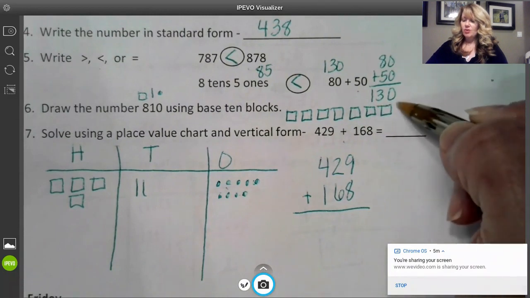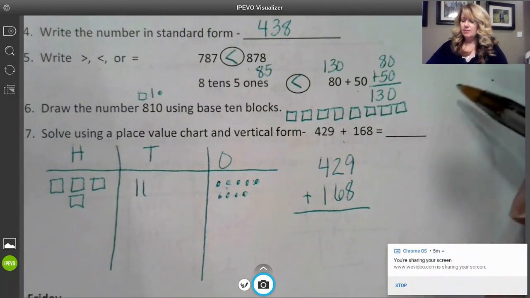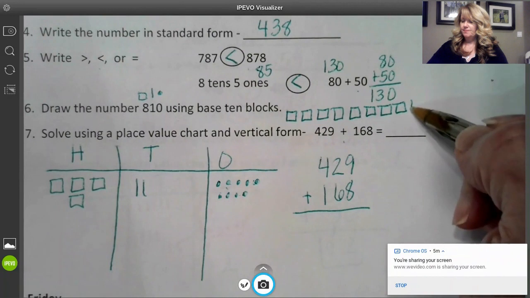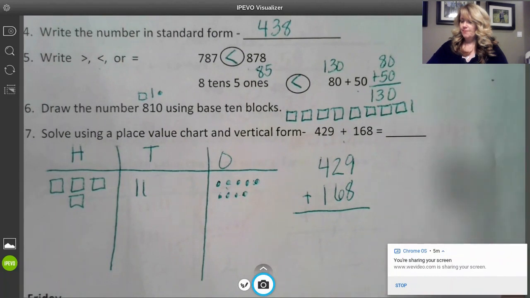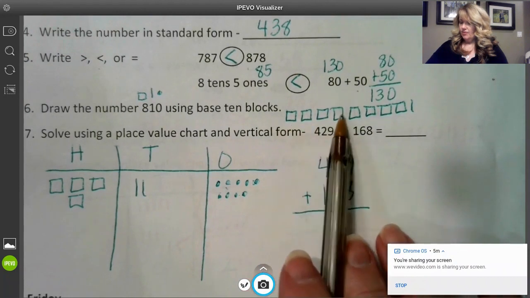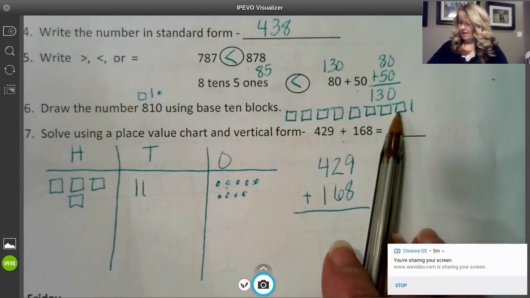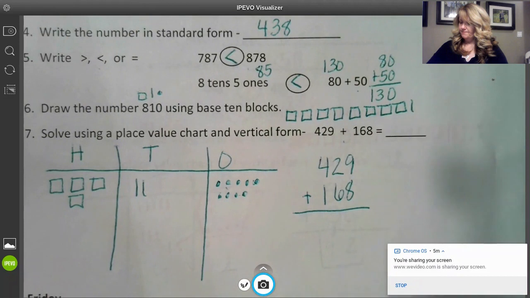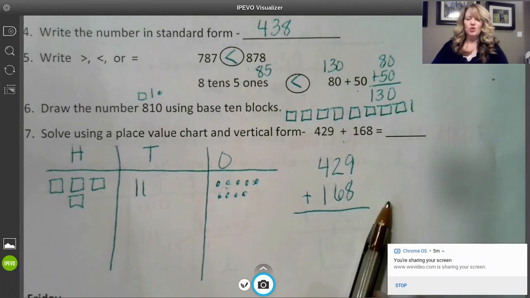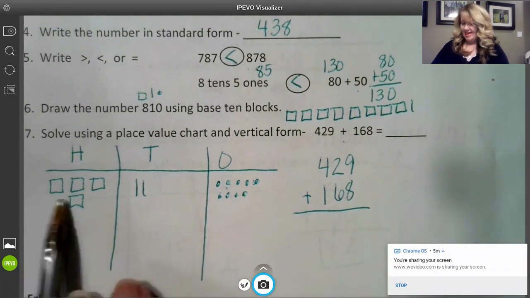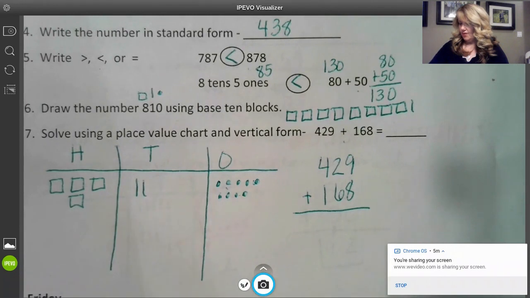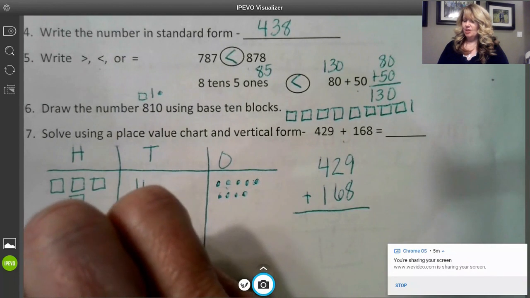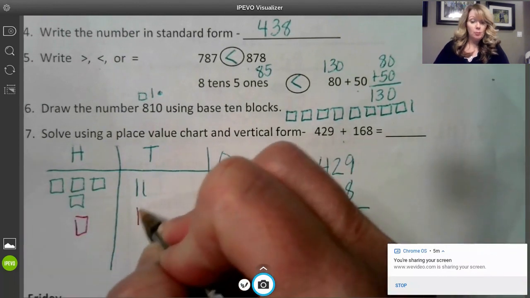Our hundreds, we need 8 boxes. There's 4. There's my 8. I need 1 ten and no ones. So that's that answer there. 8 hundreds and 1 ten. 810. Now back to the problem we're doing.